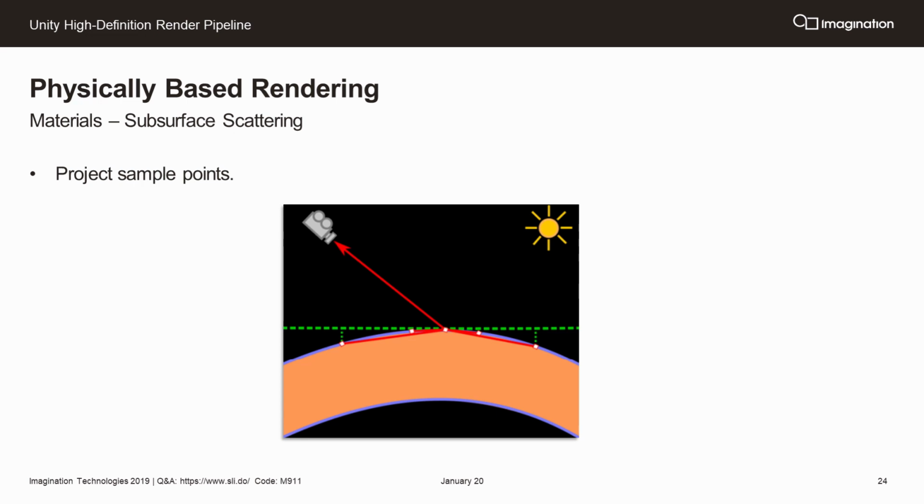However, these points have to be projected onto the surface of this object. Now, to help with this, what they do is they conceptually place a disk of samples on the surface centered around the current shading point. Now they can sample the diffusion profile and calculate the scattered light.